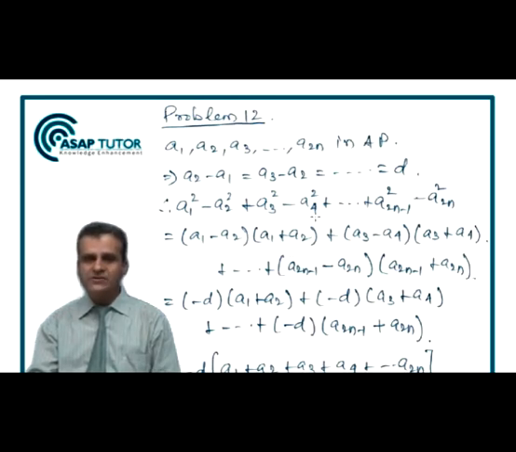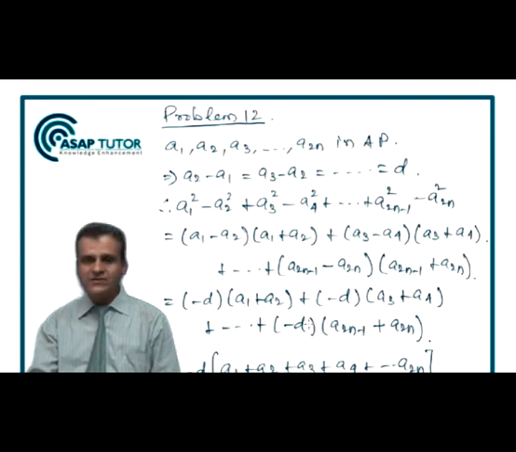Similarly, a3 square minus a4 square is a3 minus a4 into a3 plus a4, and so on up to the last term. Now a2 minus a1 is d, a3 minus a2 is d, so a1 minus a2 will be equal to a3 minus a4 will be equal to minus d. So a1 minus a2 is minus d, times a1 plus a2, plus minus d into a3 plus a4, and so on.